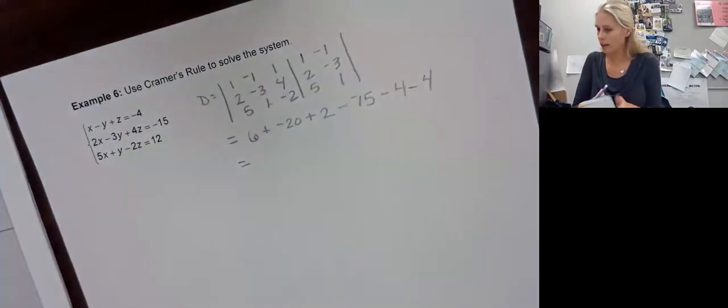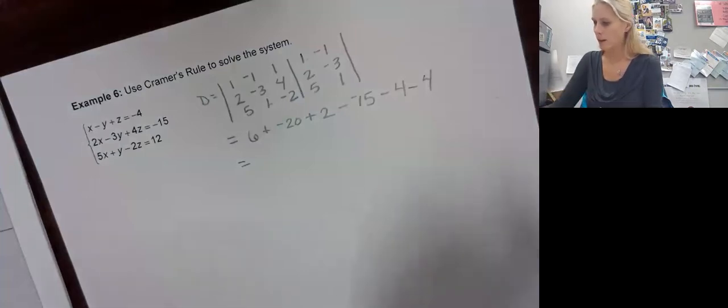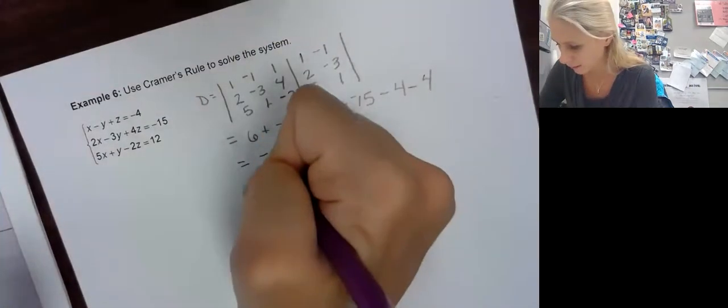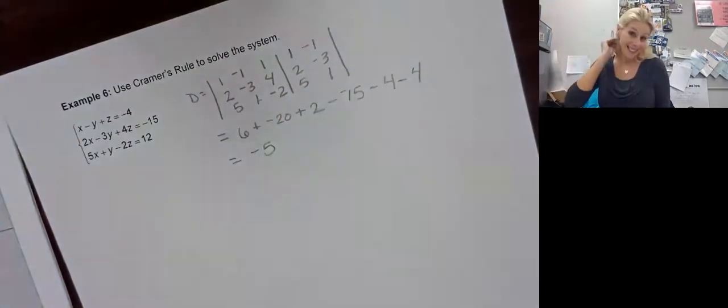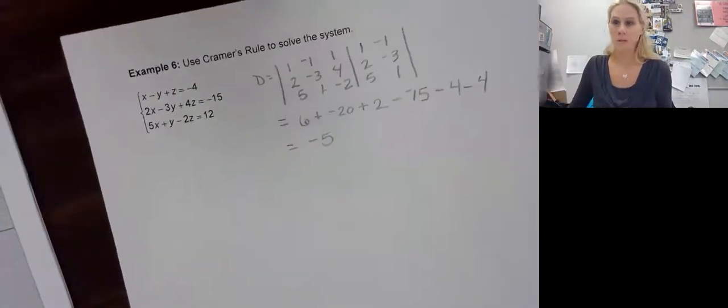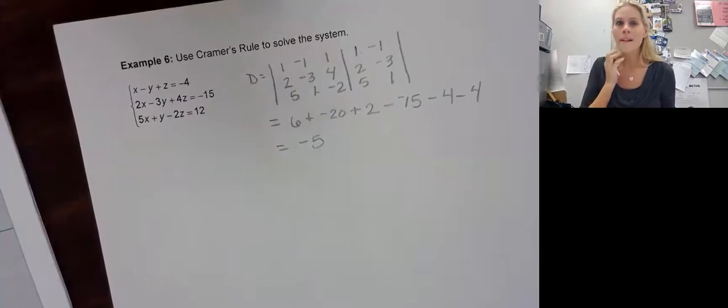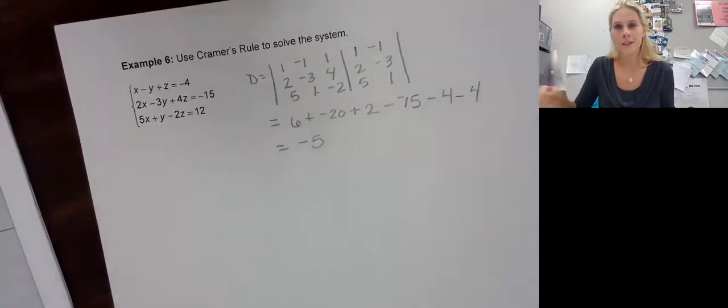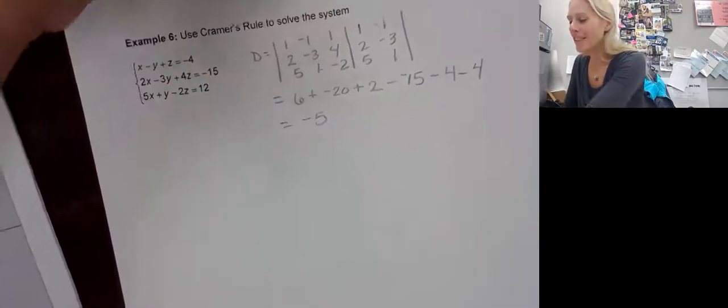Get a calculator out. I don't know why, but you know. You get -5. Did you guys get -5? Kind of didn't do this one ahead of time, so let's go with the flow. 6. Okay, I'm going with it, guys.